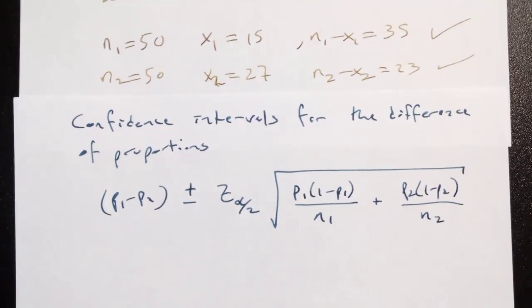Now, this standard error does not use the pooled proportion, the combined proportion. This uses the separate proportions.